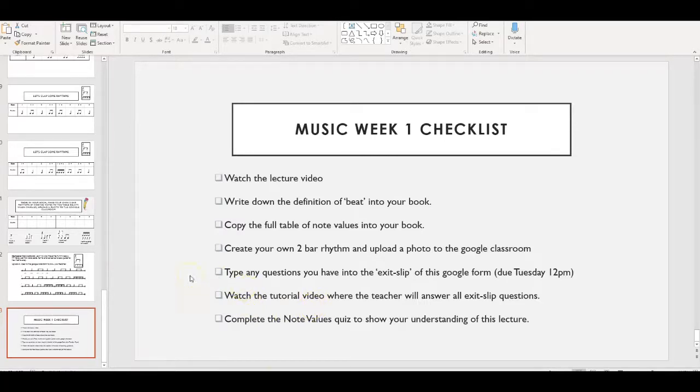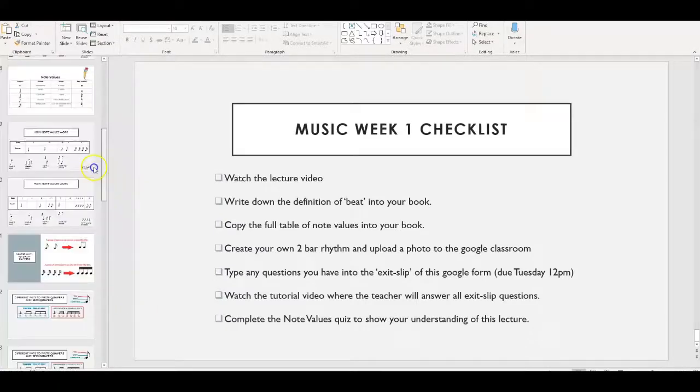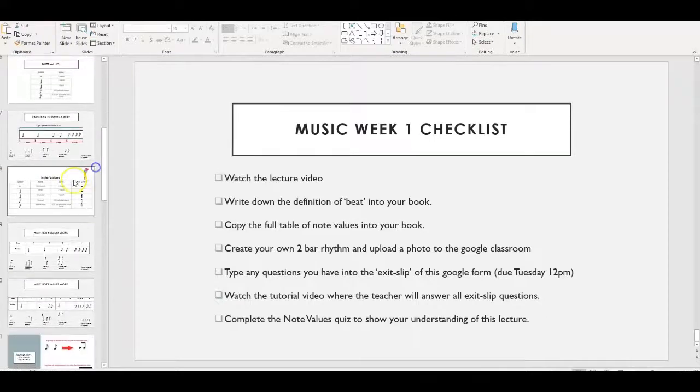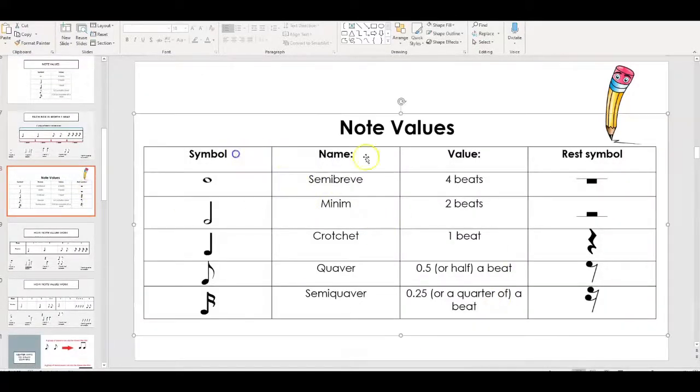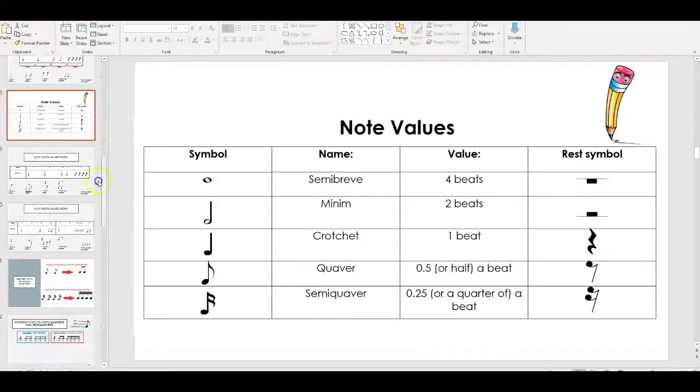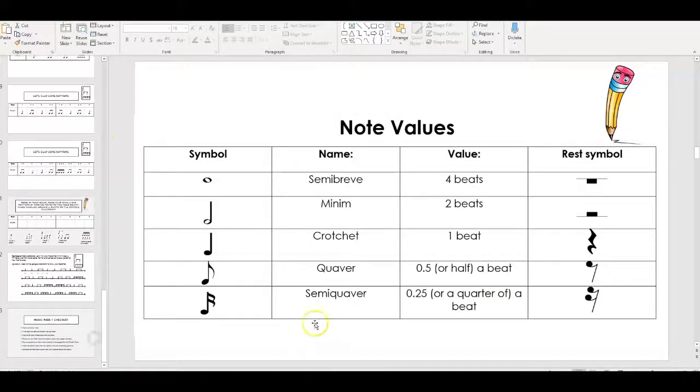And a lot of these questions are going to be in your end of term quiz, which will be your assessment for this term. So it's really important that you know the note values table really, really well, that you know the names, the pictures, the values, and the rest symbol of all of these notes, and that you know how to use them.